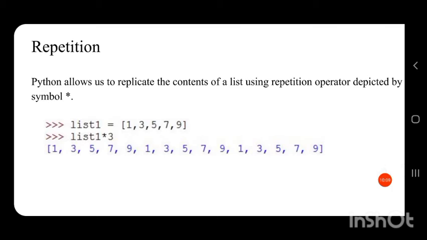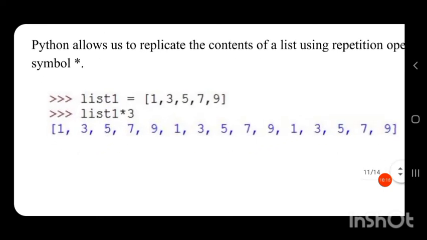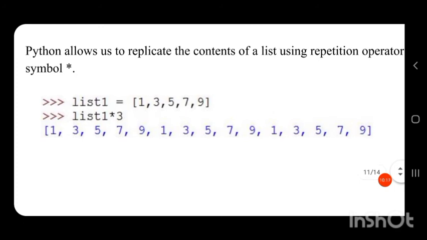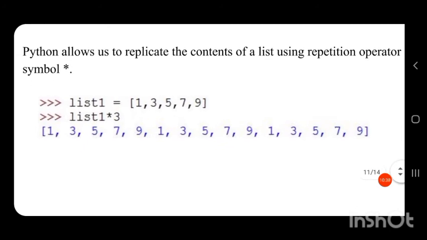So here the integer value is 3, so the list is replicated 3 times. You can see our list 1 is 1, 3, 5, 7, 9. Now after replication, our new list contains 1, 3, 5, 7, 9, again 1, 3, 5, 7, 9, and again 1, 3, 5, 7, 9.